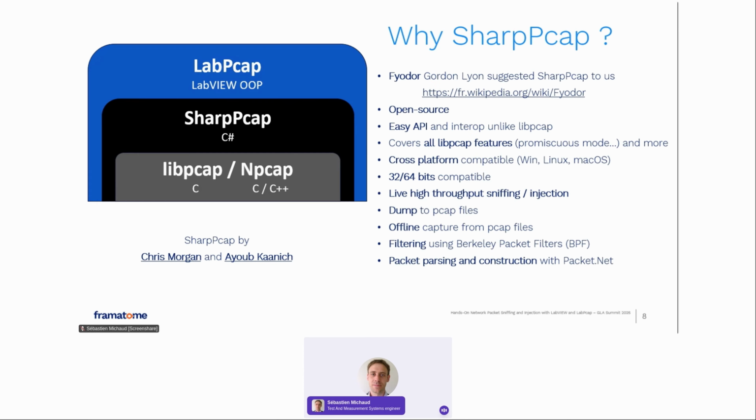And you can use advanced packet filtering, using something called BPF, for Berkeley Packet Filters. And I'd like to thank Chris Morgan and Ayub Kanish, who are the main developers of SharpPcap, for their kind help and good support.